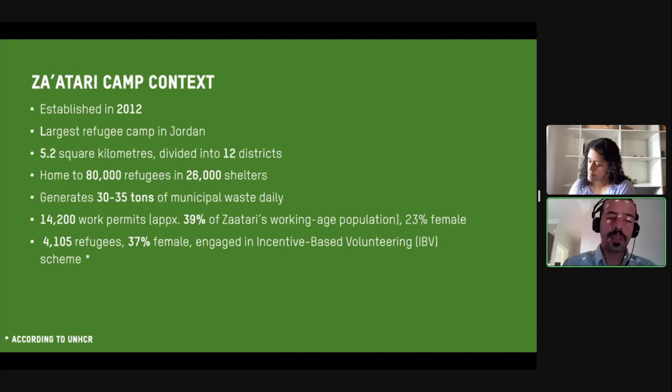We have some issues regarding working opportunities inside the camp, and the NGOs there follow the incentive-based volunteering modality, where we can engage or recruit refugees in Za'atari camp under this program.